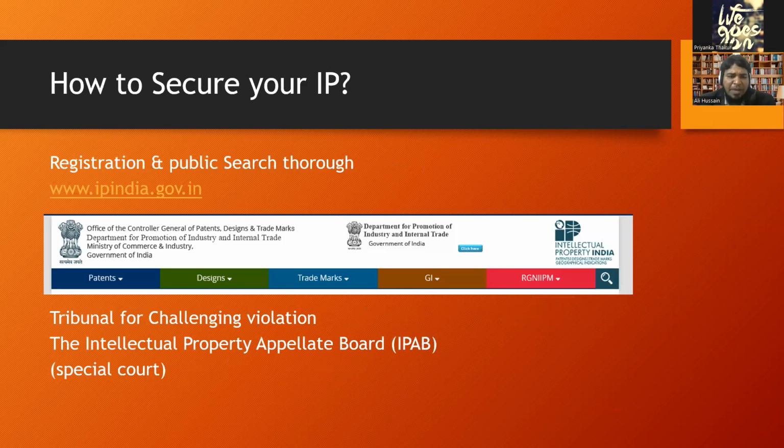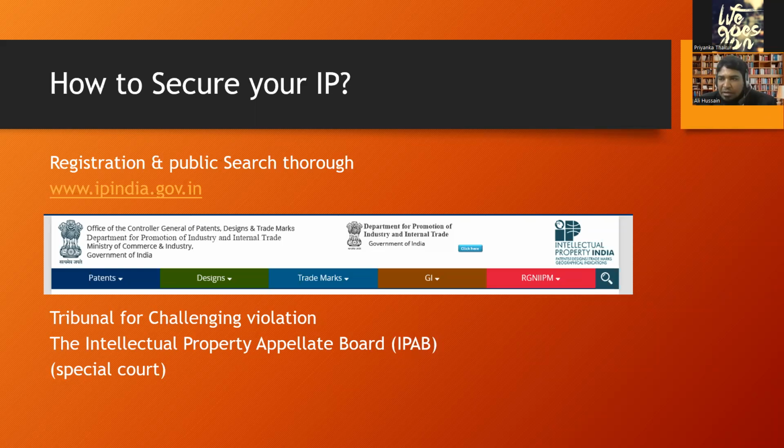The first and primary thing is, if you are looking for registration of a patent, trademark, copyright, design or GI, this all comes under one bucket, that is ipindia.org, which is owned by the Government of India under the Ministry of Commerce and Industry.